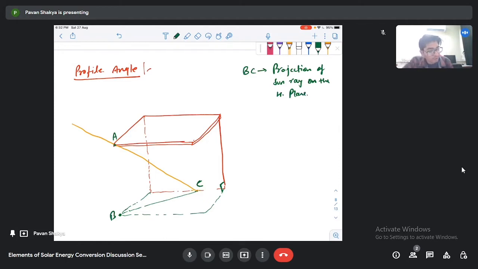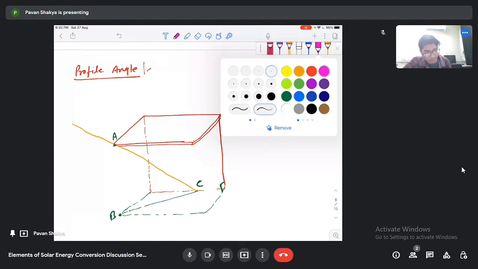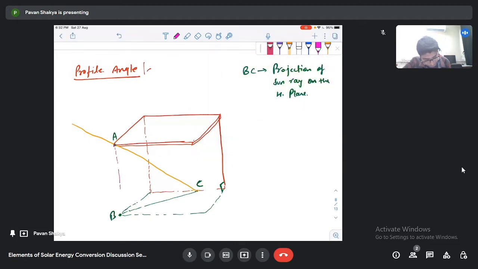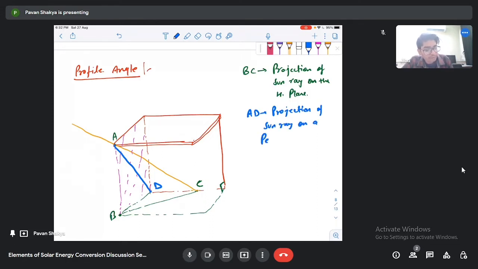Similarly, if we try to project this sun ray on the vertical plane, this is the vertical plane that I'm talking about, then let's say that this AD is the projection of the sun ray on a vertical plane that is perpendicular to the window.